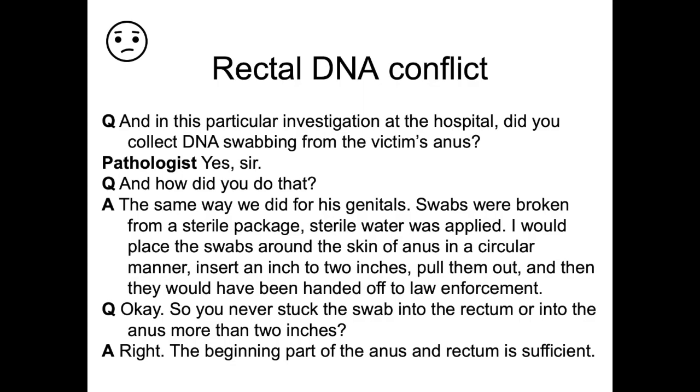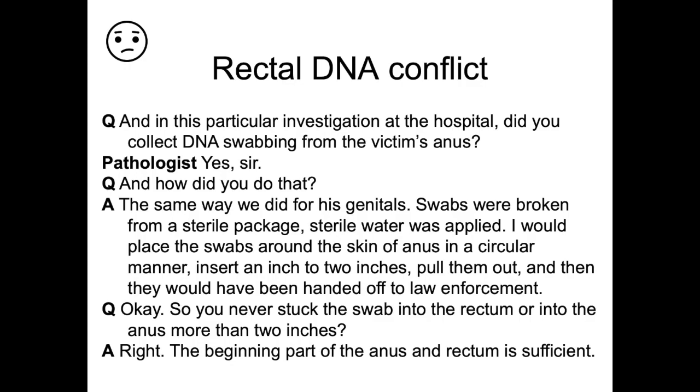Question, and in this particular investigation at the hospital, did you collect DNA swabbing from the victim's anus? The pathologist replies, yes, sir. Question, and how did you do that? Answer, the same way we did for his genitals. Swabs were broken from a sterile package. Sterile water was applied.